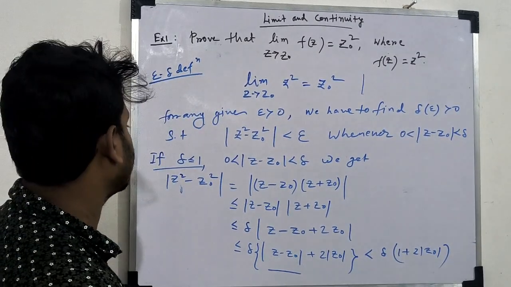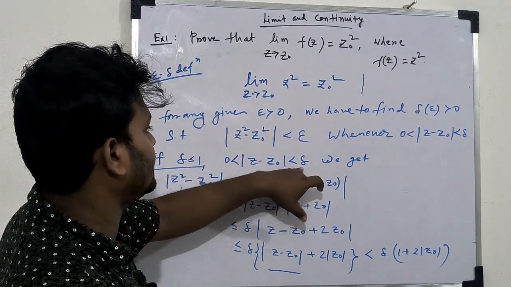So we have got this if delta is less than 1 and this inequality holds.